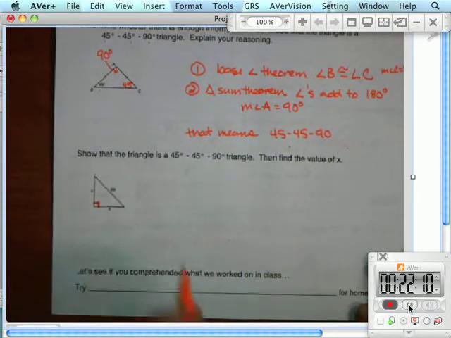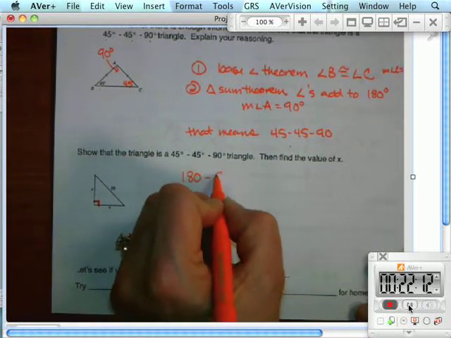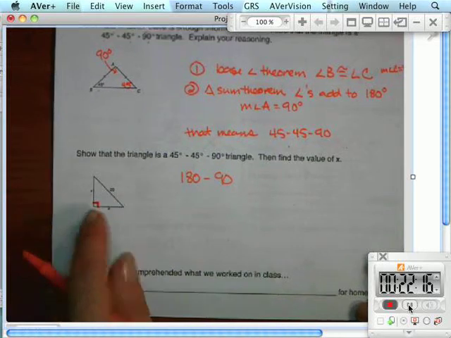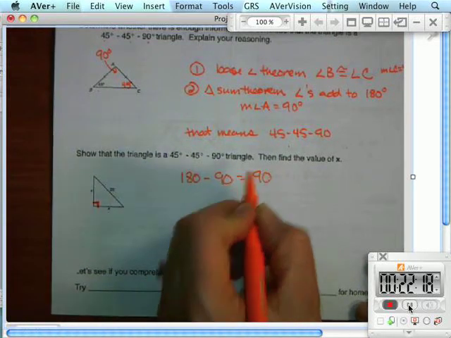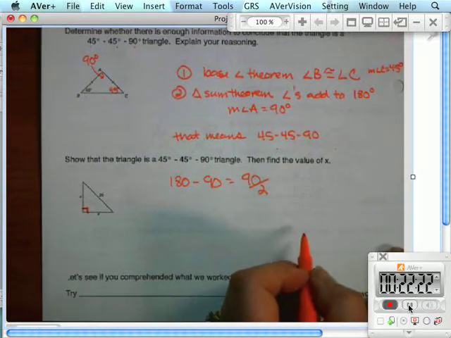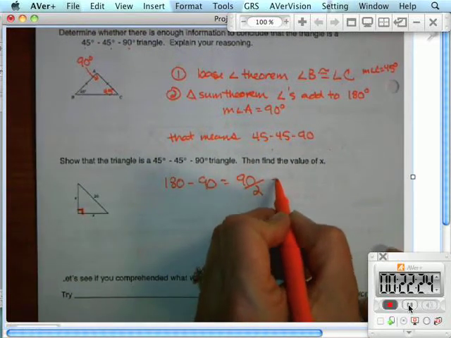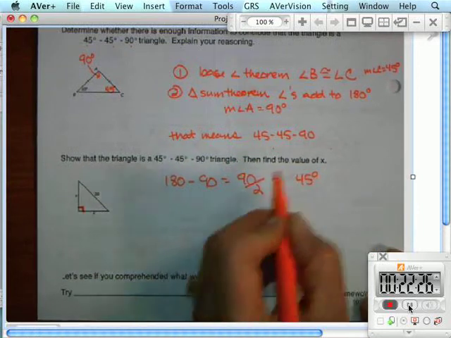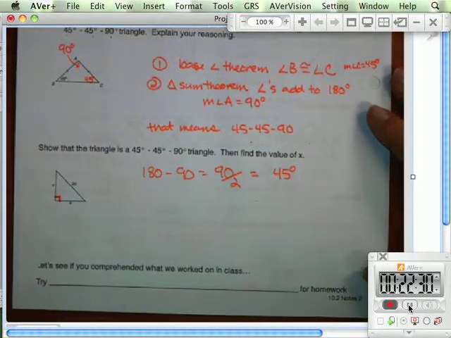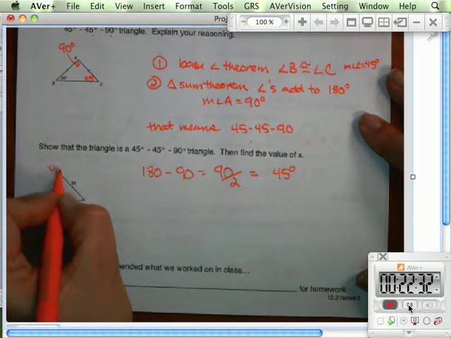So if I say 180 minus 90, because I know this one's 90, that leaves me 90 left over to cut in half exactly. So each angle is 45 degrees. That is the triangle sum theorem, but we'll just say that. So we know that this is 45 and this is 45.